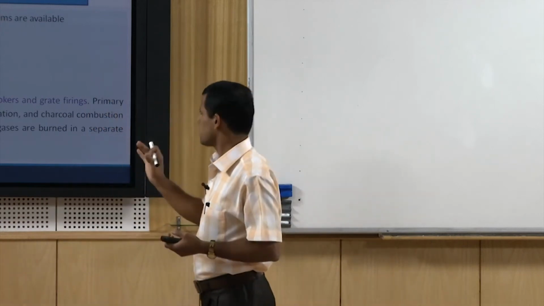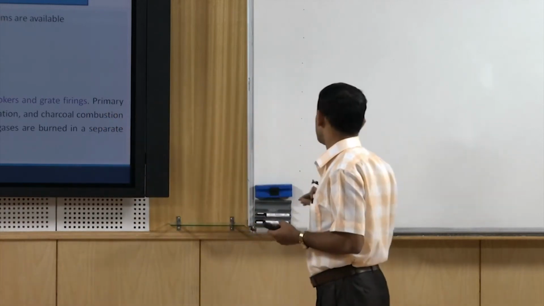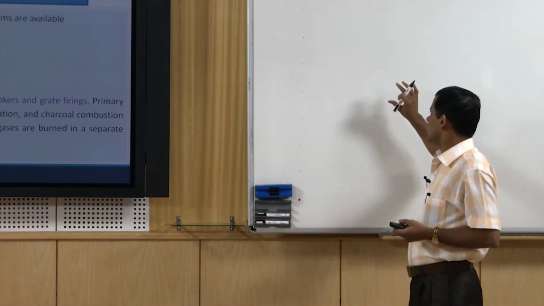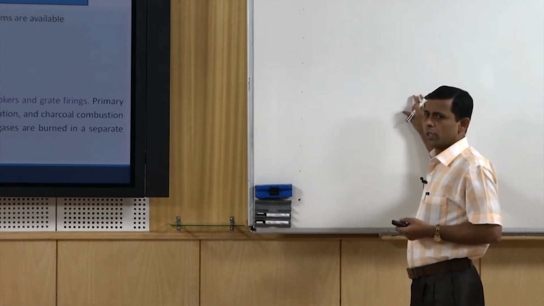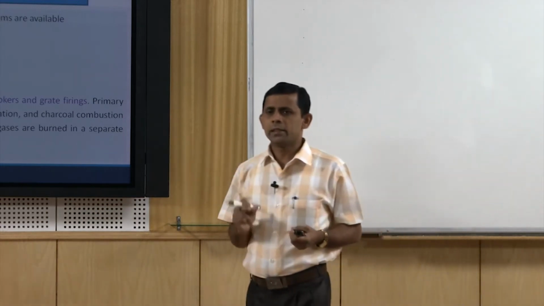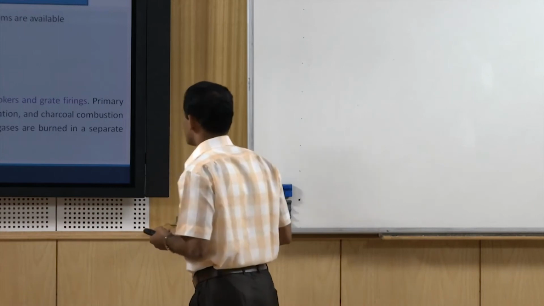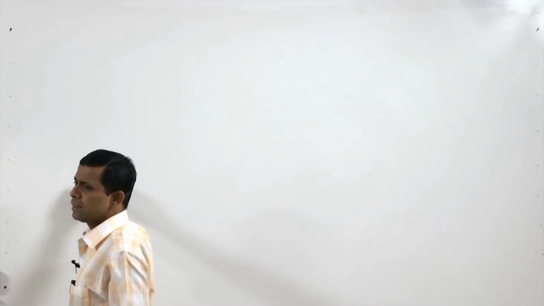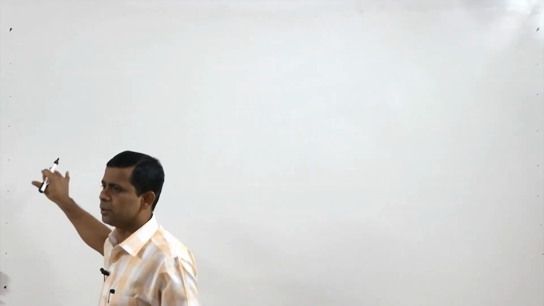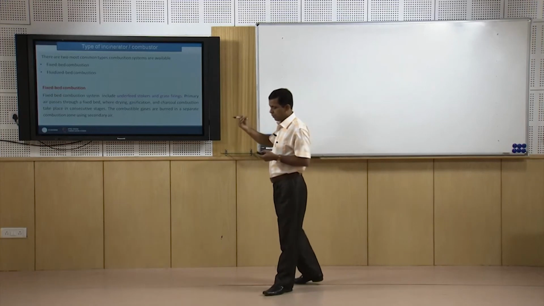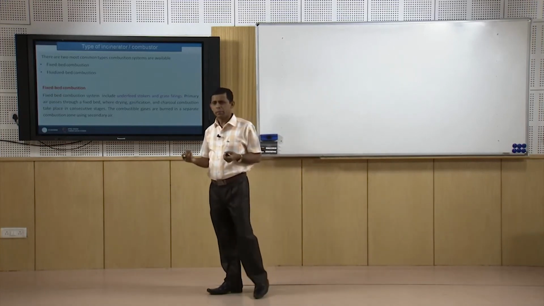We have to put the material for a longer time. So, we have to make a certain arrangement so that the particles are retained in the combustion zone for a longer time. That is why one grate is required. The grate helps to retain the materials in the combustion zone and helps the contact of the materials with the primary air.